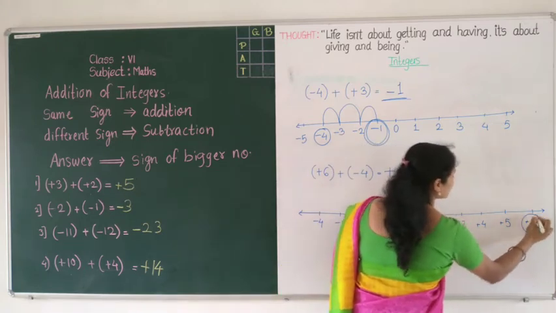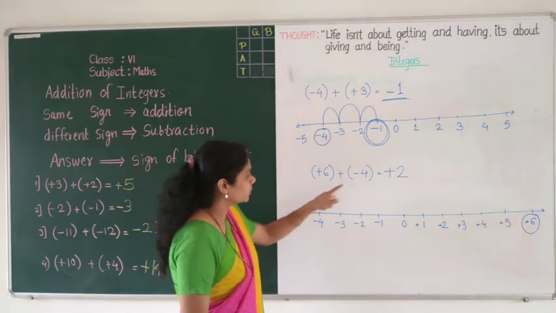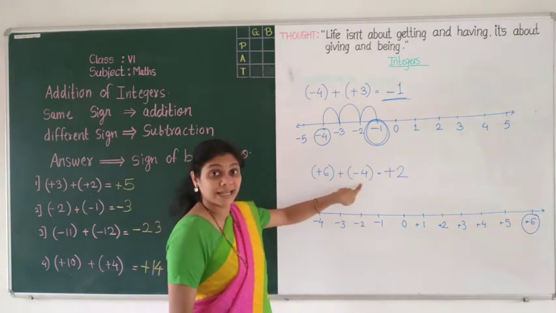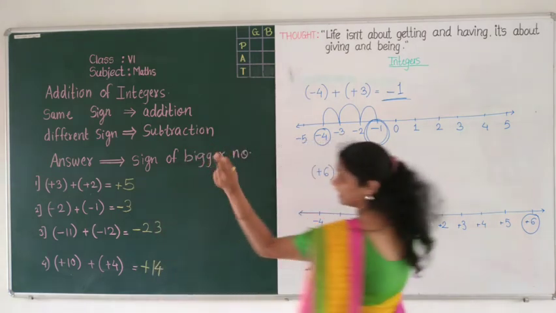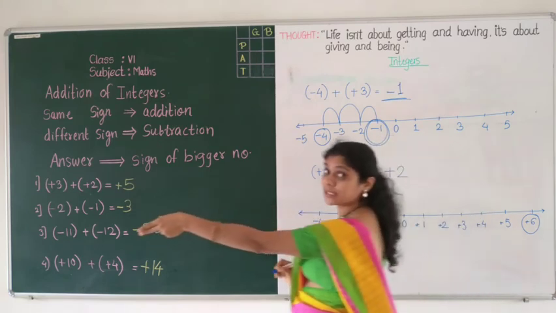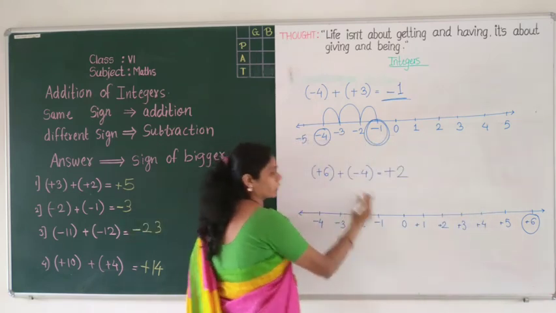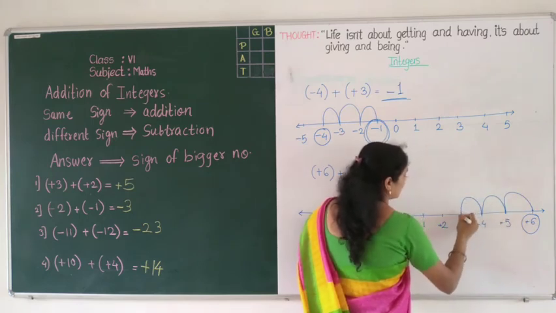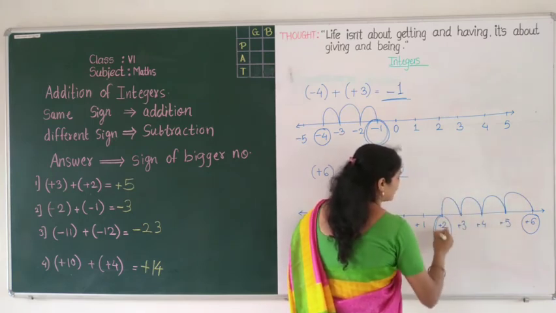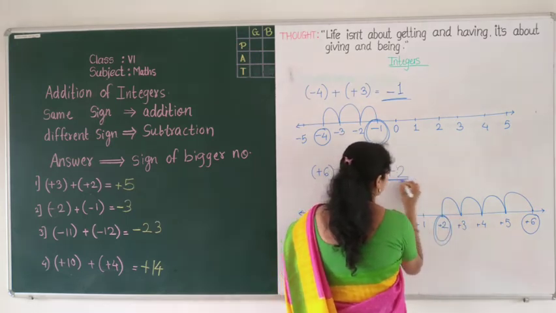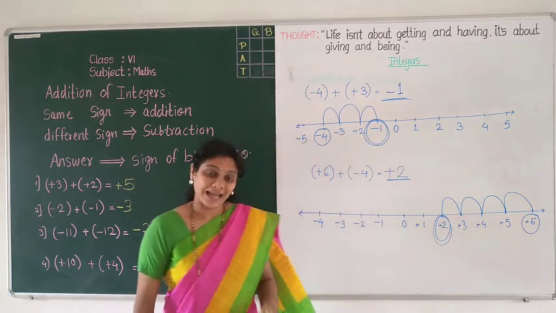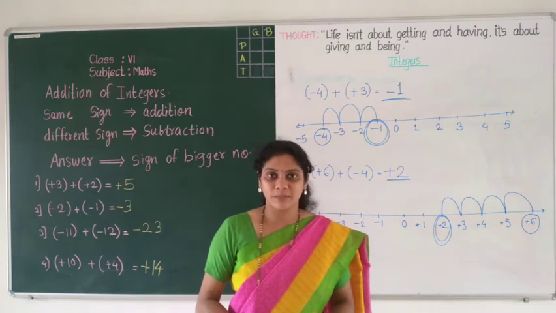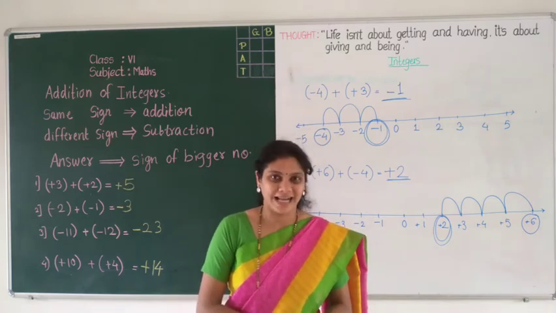Here is the positive 6. And where do we have to go? Negative 4. Negative means the left hand side, this side. And how many moves do we have to take? 4. So look here: 1, 2, 3, 4. And this is my answer, positive 2. Like this, with the help of the number line, we can solve these examples.